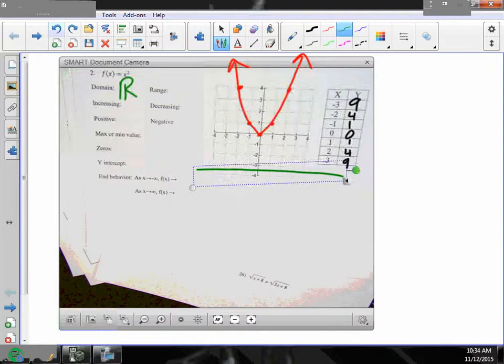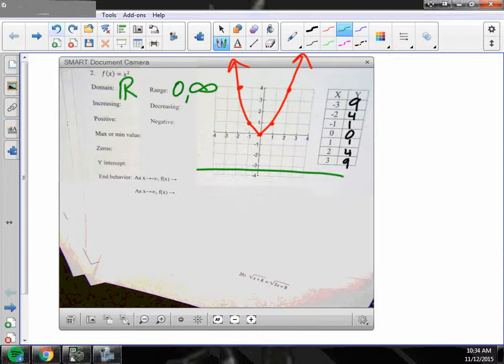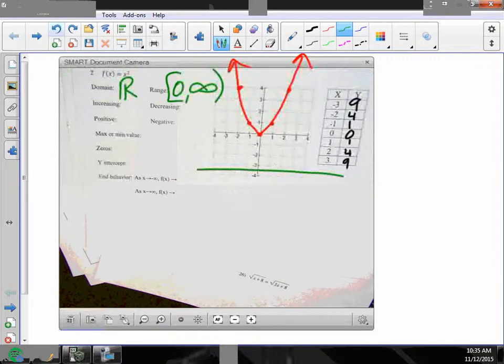Now this is a little bit tricky. 0 to infinity. Does the line hit the graph when y equals 0? Yes. So 0 gets a bracket. Because 0 does count. It is part of the answer. Is infinity part of the answer? No. We can never get to infinity.